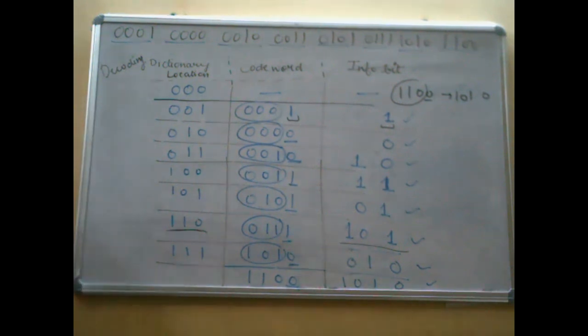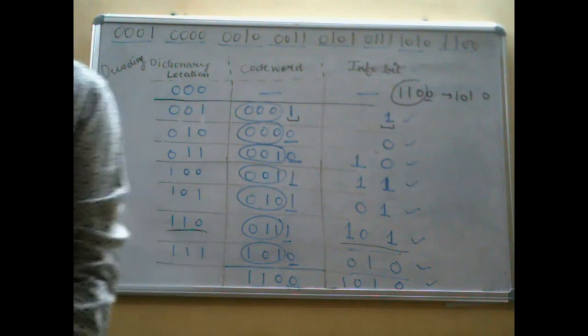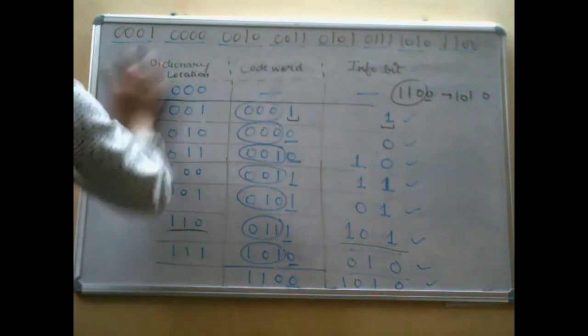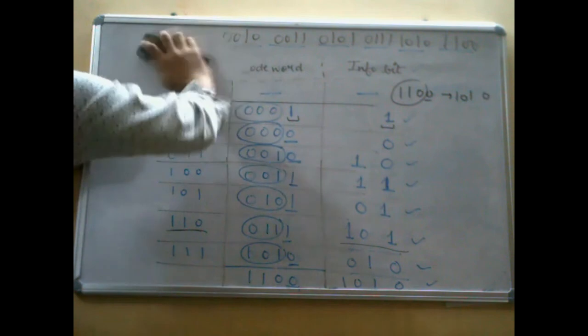The coding part is done now. Clear to everyone? So in this case, no probabilities are involved and a fixed-length coding technique is used. That's the difference between Huffman coding and LZW coding.